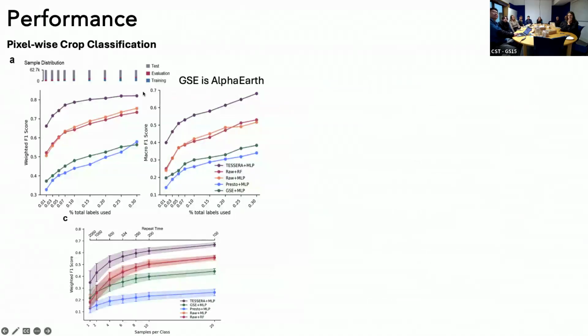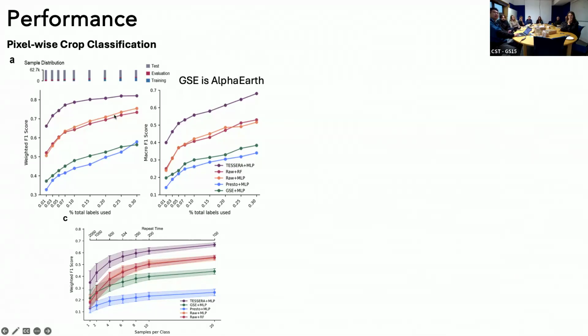So actually, TESSERA performed super good on this data set. The y-axis is the F1 score, while the x-axis is the labels that we use. Let's say 0.01 means we only use 1% of labels, while 0.3 means we use 30% of labels. This purple line is TESSERA. Also here, this is TESSERA.